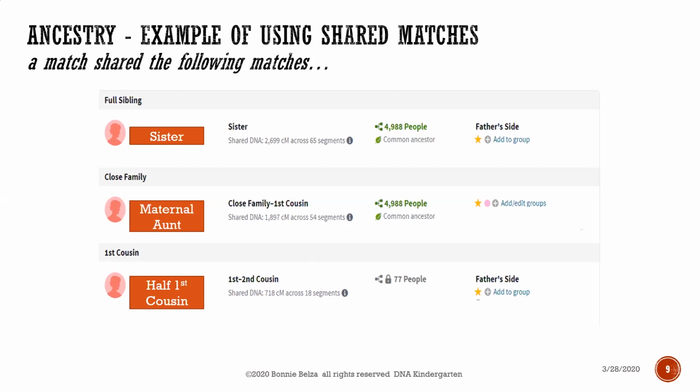This is an example where both I and John match my half first cousin, but I match her on my father's side, and John matches her probably on her father's side, who I'm not related to.